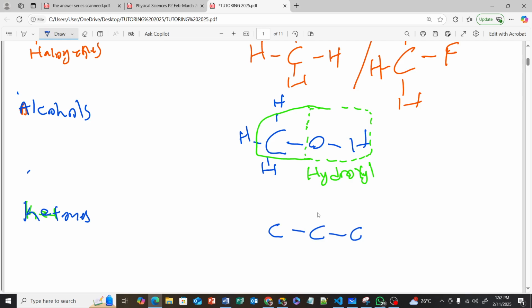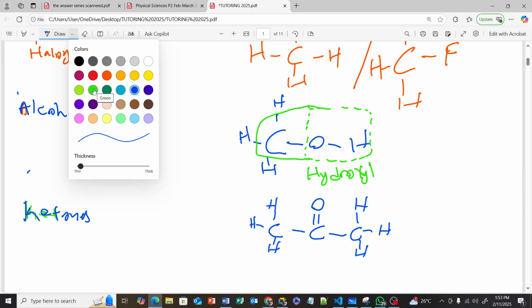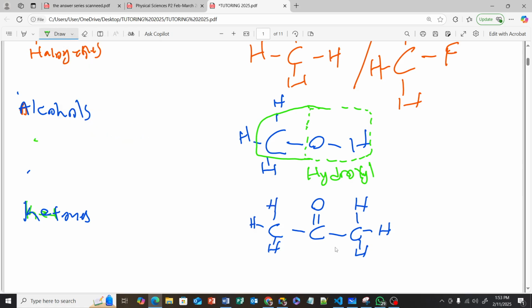There must be a carbon bonded to 2 other carbons that will have a carbonyl group. So this is the most basic ketone you will ever see, a ketone with 3 carbon atoms.